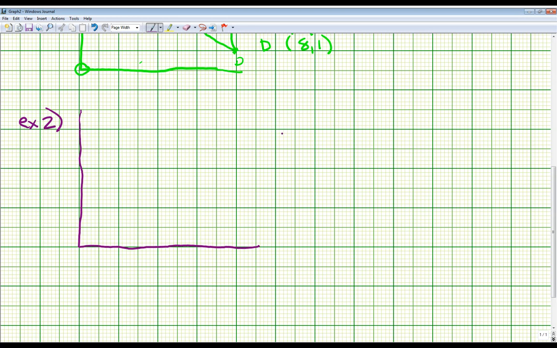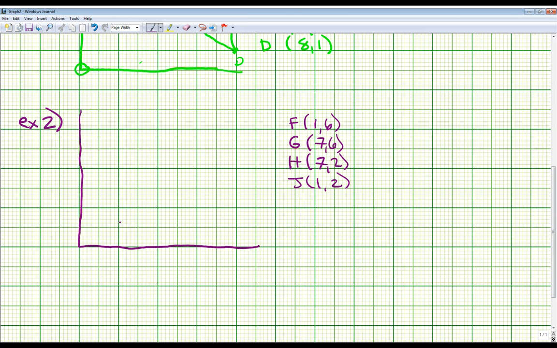So the quadrilateral they give us, we have an F, which stands for 1, 6. They give us a G, which stands for 7, 6. They give us an H, which stands for 7, 2. And they give us a J, which stands for 1, 2.